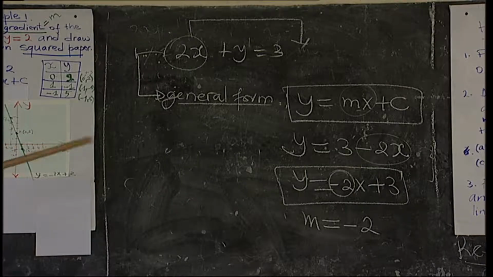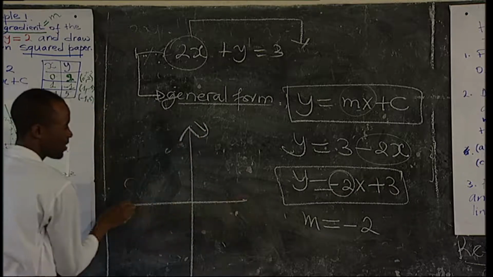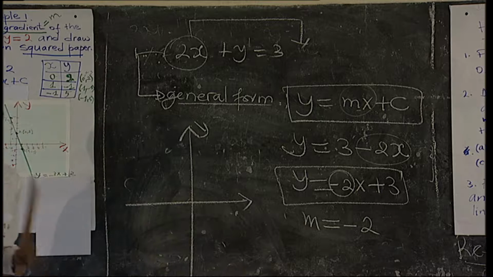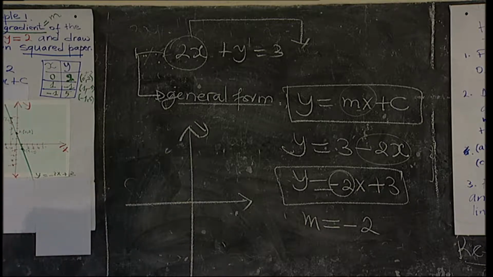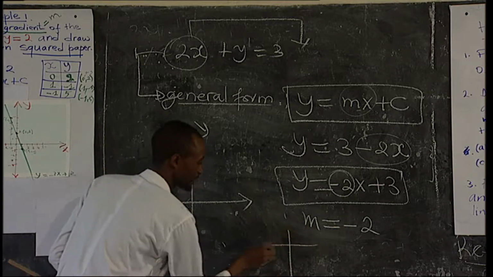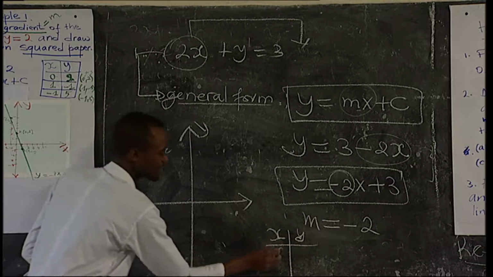Now, you can do other questions. After getting that, we can draw it. If we draw, we have y and we have x. Let's do it quickly. We have the table here, with x and y. Let me say x is equal to 0.